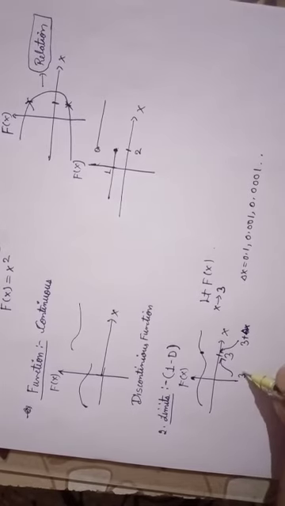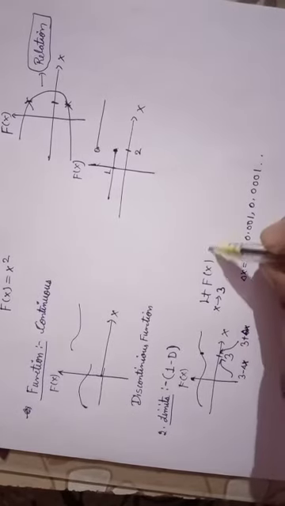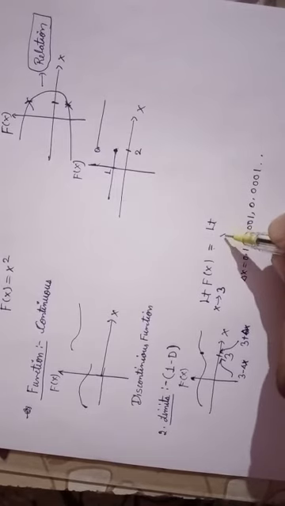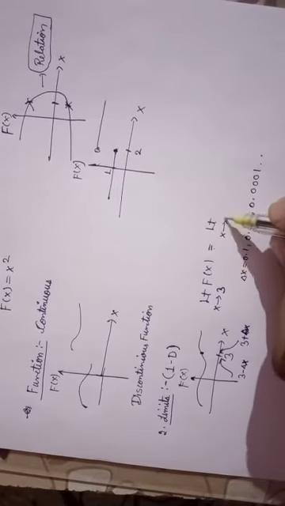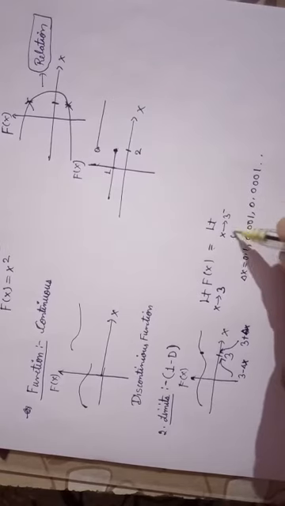So this you can write as 3 minus delta x. When I say limit x tends to 3, it can also have two meanings. x to 3 minus, which means left hand side value approaching from this side.